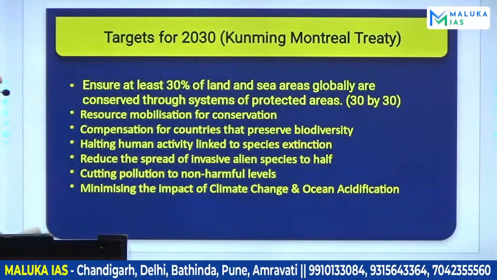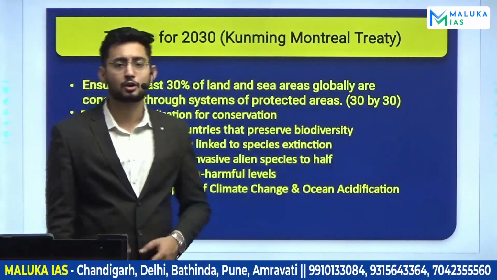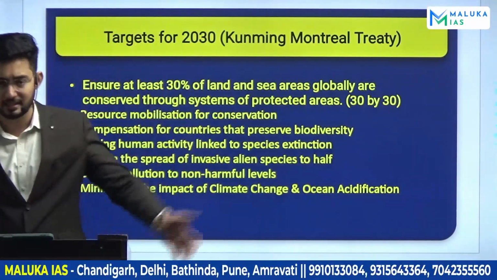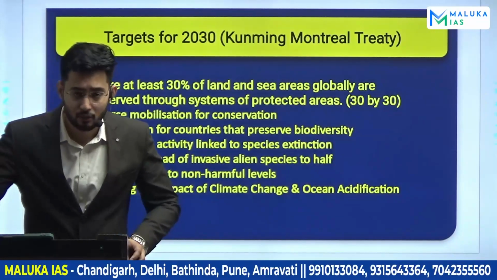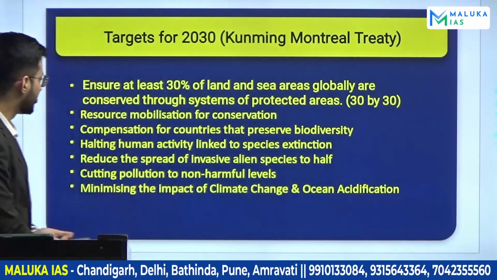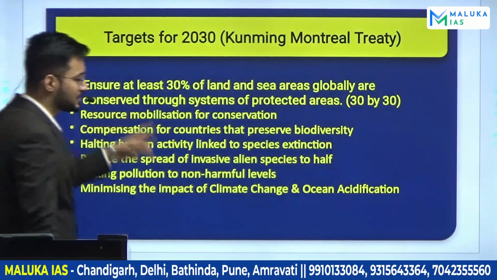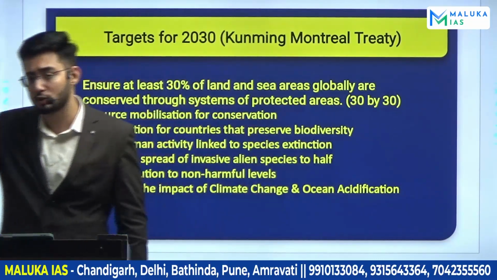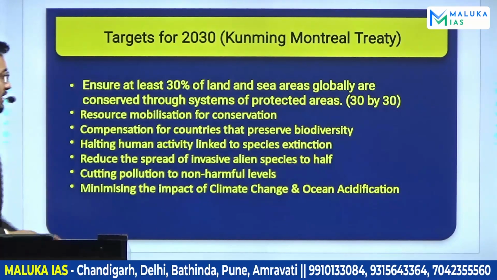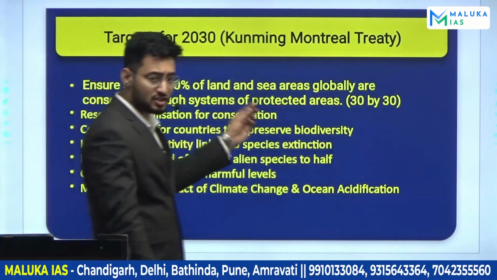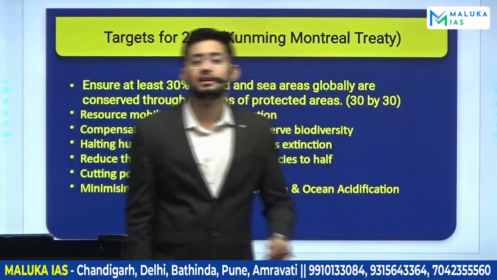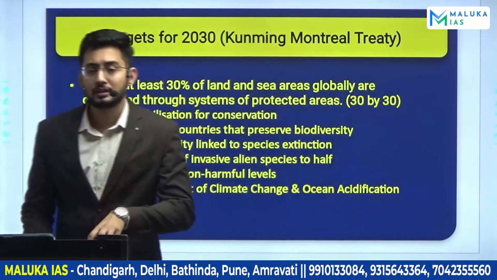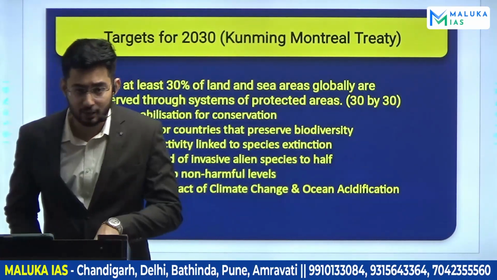Then we again come back to the Kunming-Montreal Treaty, which recently happened, and the targets which were decided for 2030. Ensure at least 30%. This is a target 30 by 30. Till 2030, we need to protect 30% of the terrestrial ecosystem and 30% of the water, marine ecosystem, right?